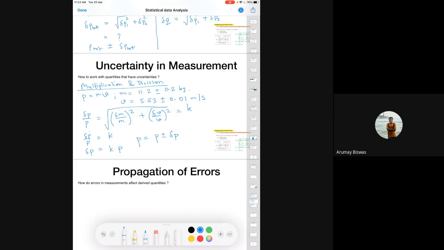In case of division also, you have the same formula. So let me just put this here. For division, the same formula.